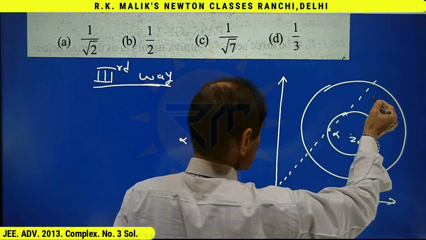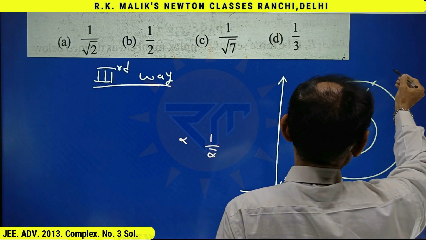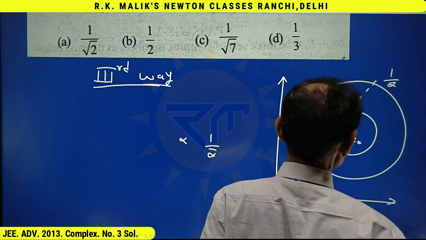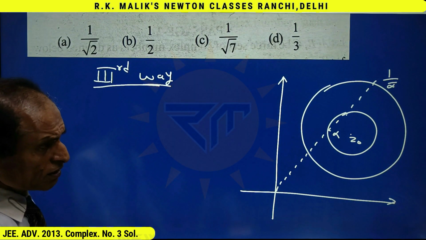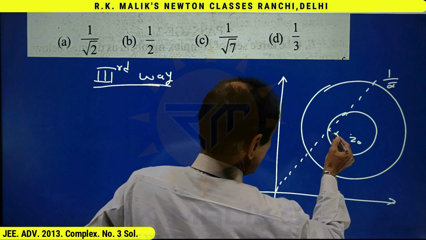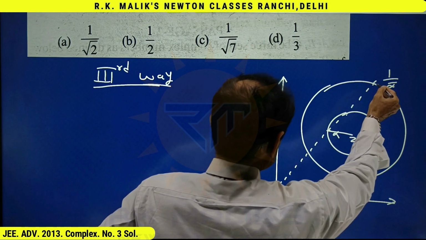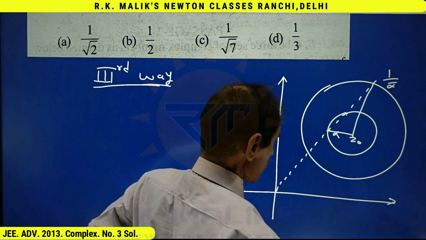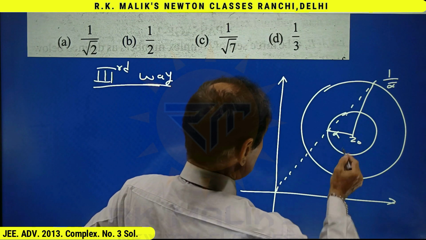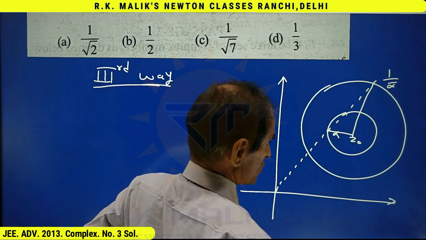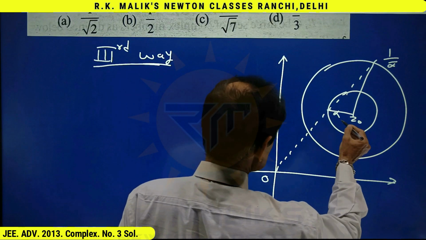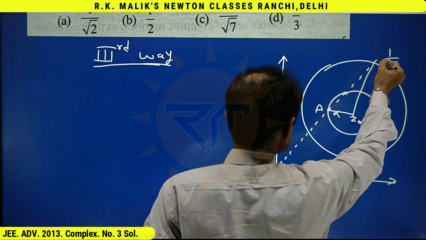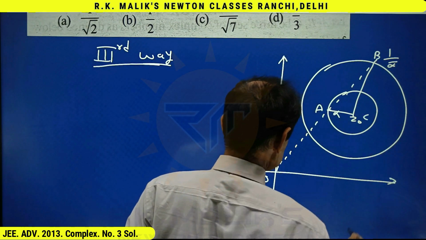And 1 upon alpha bar is somewhere here. In this way, I will find the value of r and I will find the value of 2r in terms of alpha and z0. And from those two equations, and now I am naming the points O, A, B and C.